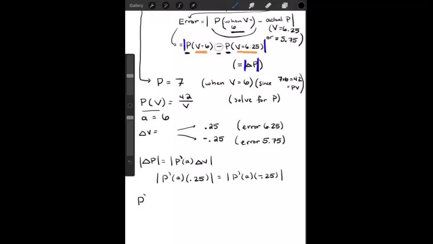The next thing would be to get P prime of V. So take the derivative of P with respect to V. This is secretly 42 times V to the negative 1, so we can use the power rule on it and get negative 42 V to the negative 2, which is negative 42 over V squared.